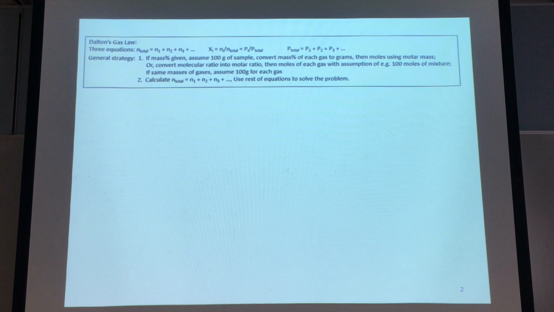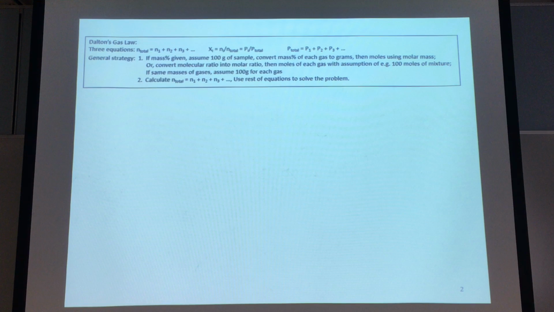Another scenario is that we can convert a molecular ratio, which is quite rare, but I do see some questions like this. So convert the molecular ratio into a molar ratio. As a matter of fact, the molecular ratio is the molar ratio. Then we can obtain the moles of each gas with the assumption of 100 moles of gas mixture.